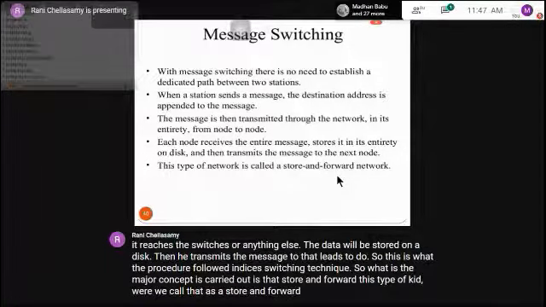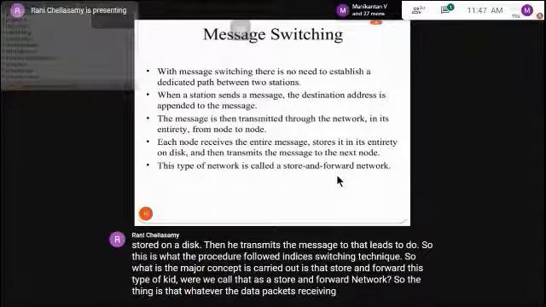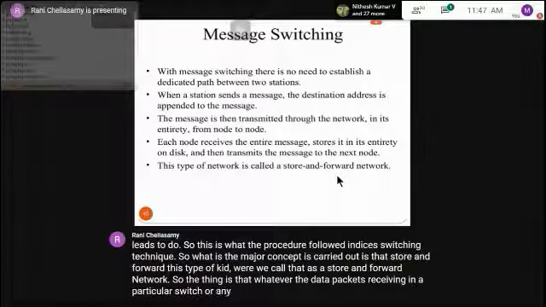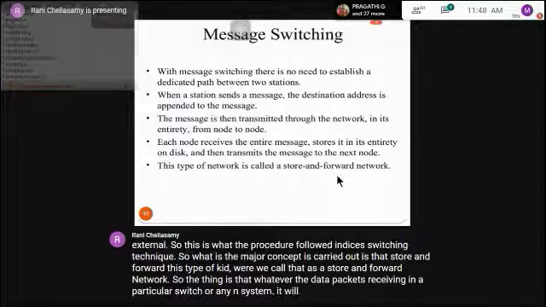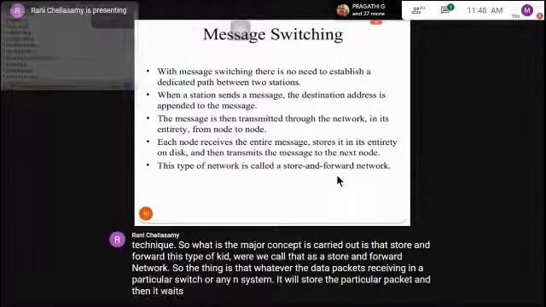So the thing is that whatever data packets a particular switch or any end system receives, it will store the packet and then wait for some time, or it is buffered there.